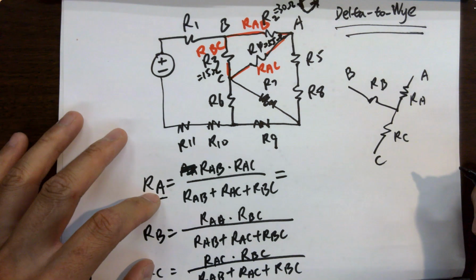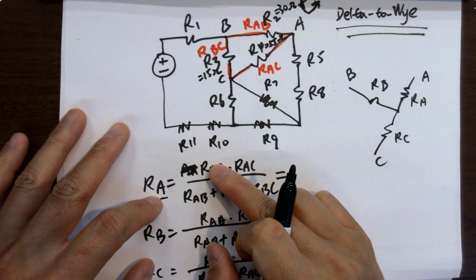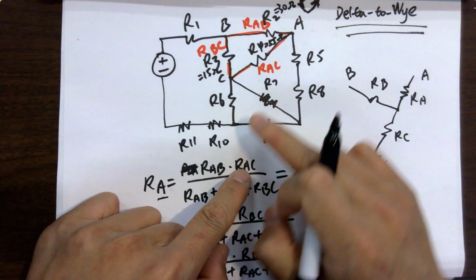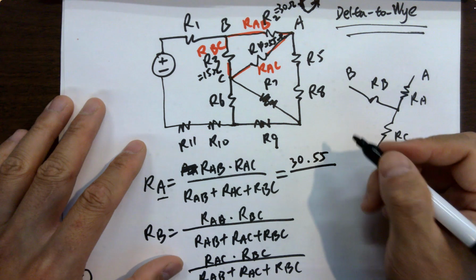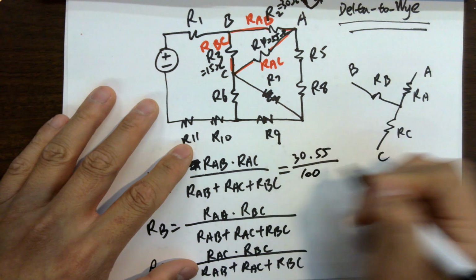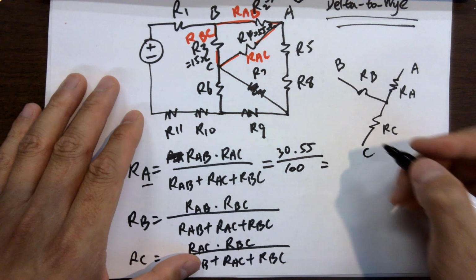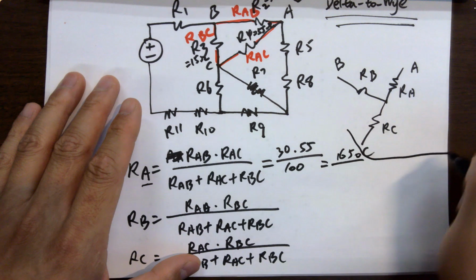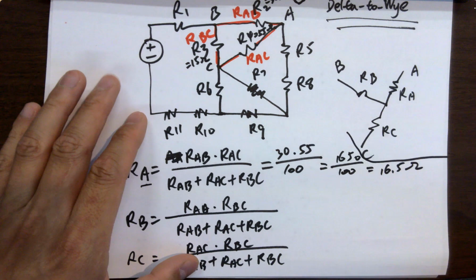RA will be AB, 30 ohms, times AC, 55 ohms, over 100. And that is 16.5 ohms, which is RA.